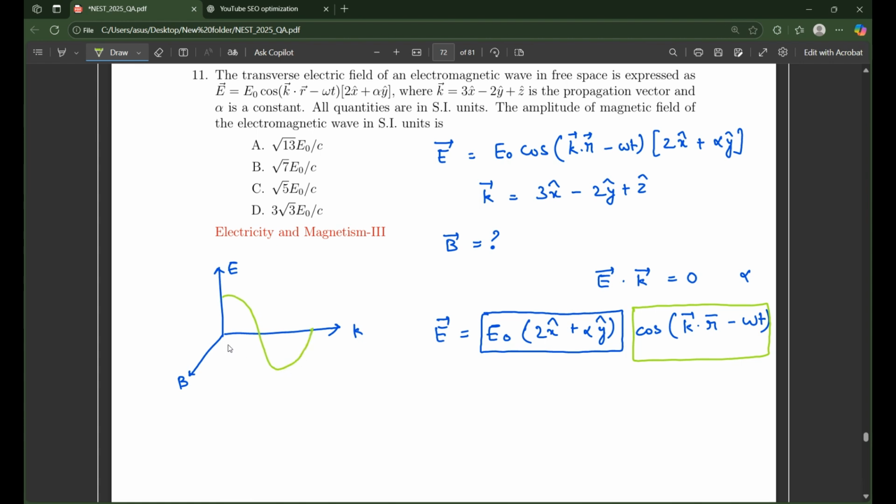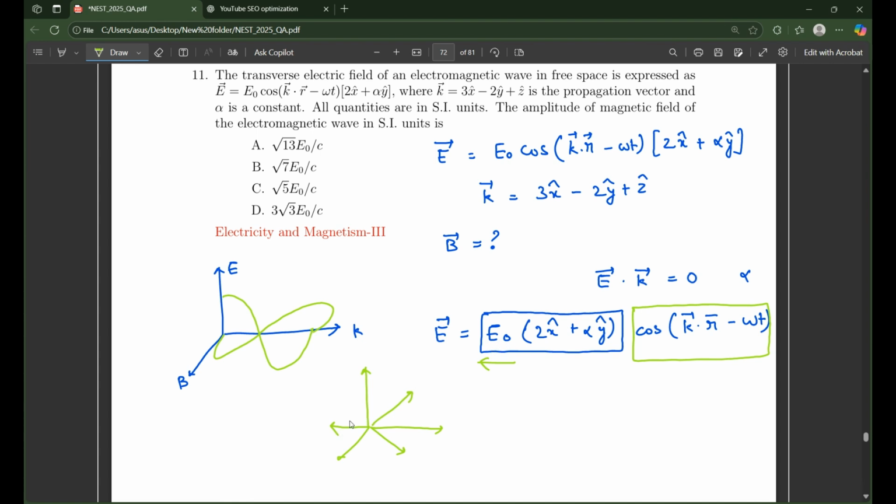At x equal to 0, how is the wave? That is determined by the oscillating part. The first part determines this vector. In which direction is this electric vector? If I consider the x, y, z coordinates, in which direction is the E vector, in which direction is the k vector, and in which direction is the B vector?